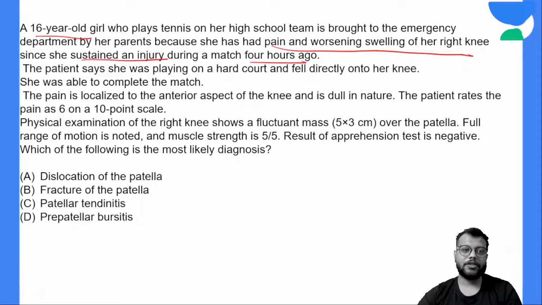The pain is localized to the anterior aspect of the knee, dull in nature. The patient rates the pain as 6 on a 10-point scale. Physical examination shows a fluctuant mass over the patella. Full range of motion is noted. Muscle strength is 5 by 5. Result of apprehension test is negative. Which of the following is the most likely diagnosis? Here are your 30 seconds.